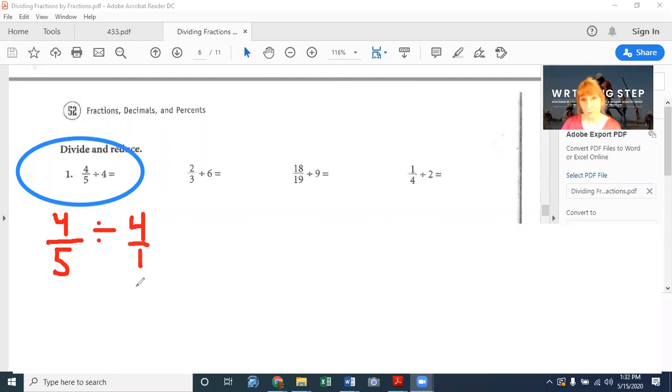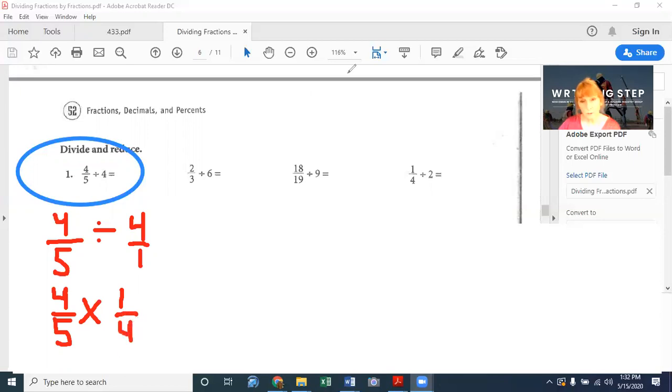Okay, now we use our keep, change, flip, same thing we've been doing. 4/5 change to times and flip the second fraction. So the 1's going on top, the 4 is going to go on the bottom.